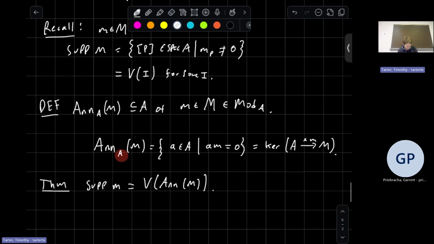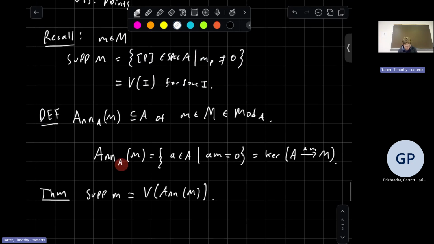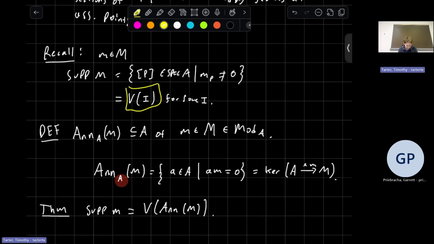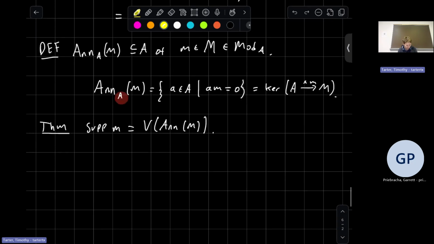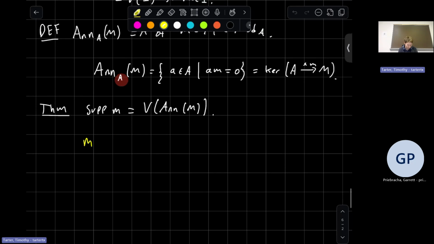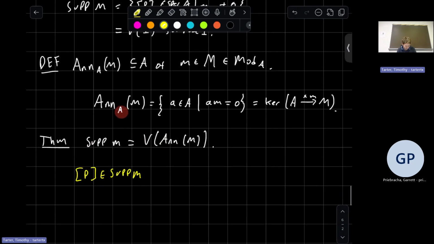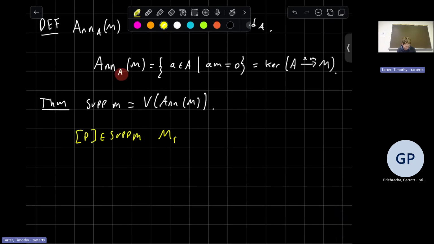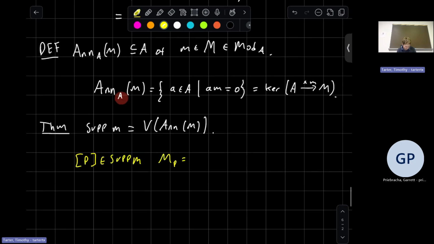Yeah, so really what we want to do is we know that sup M is the vanishing of some ideal, and we just want to show that, if you have P in sup M, that M_P is not 0.